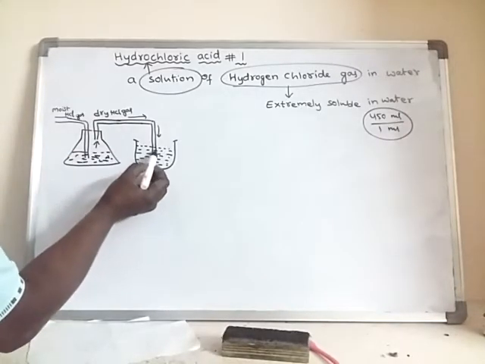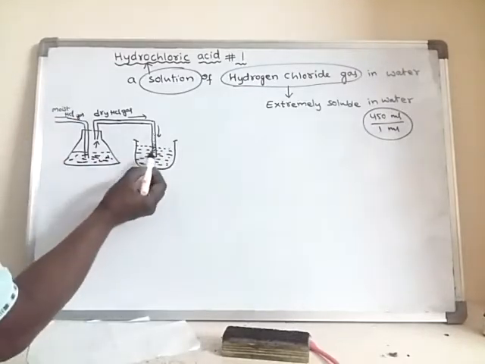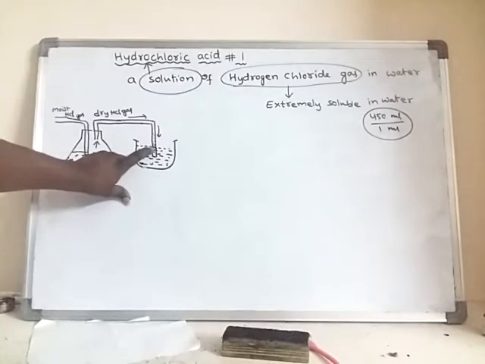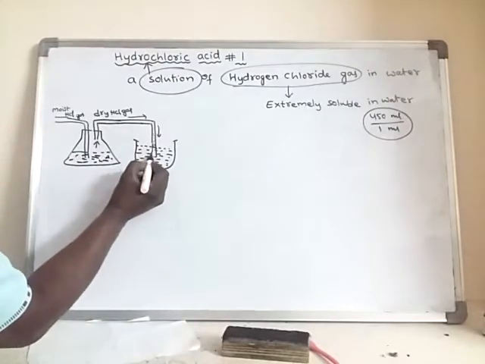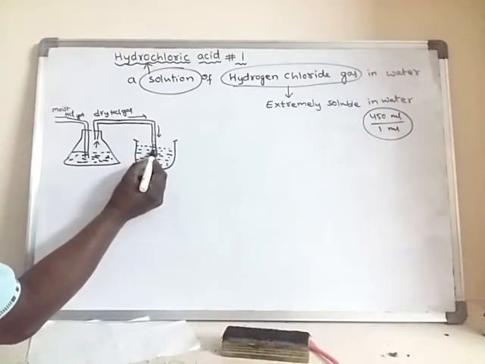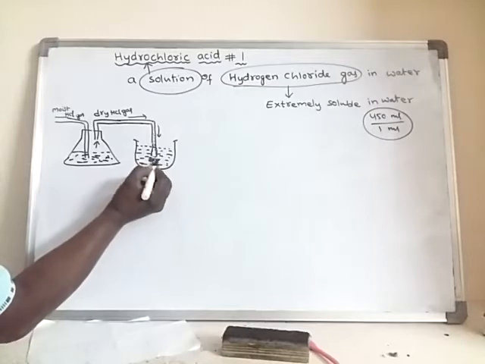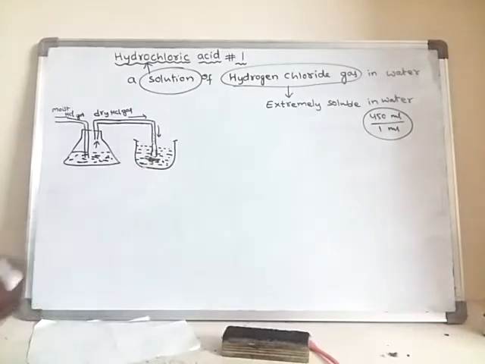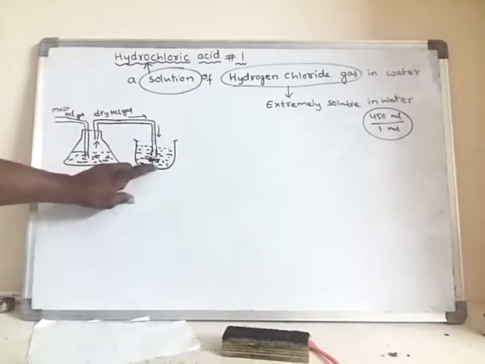When this HCl gas reaches here, as it is highly soluble in water, it immediately dissolves. Soon after reaching here, it will dissolve fast in this water, as it is very close to water.